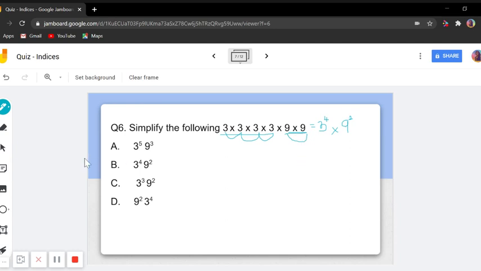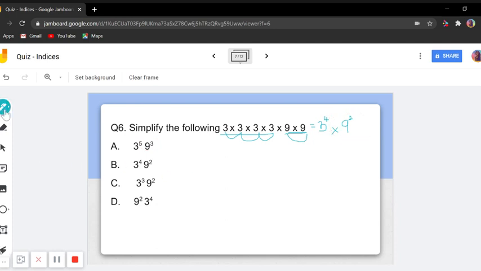So let's check the answer, which one is correct. Option A, 3 to the power of 5, 9 to the power of 3. This is incorrect because 3 is multiplied by itself for 4 times and 9 is multiplied by itself for 2 times.